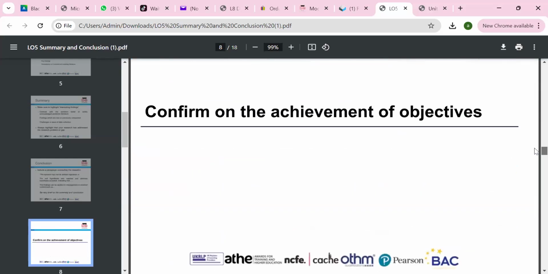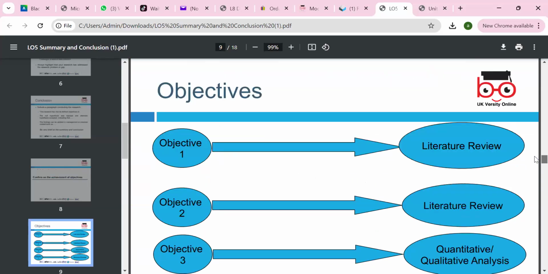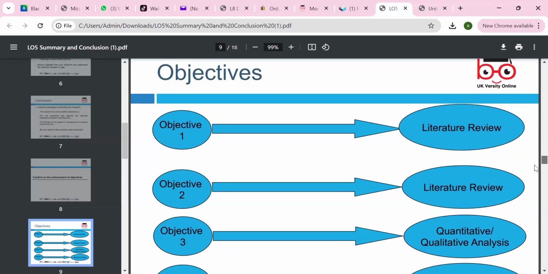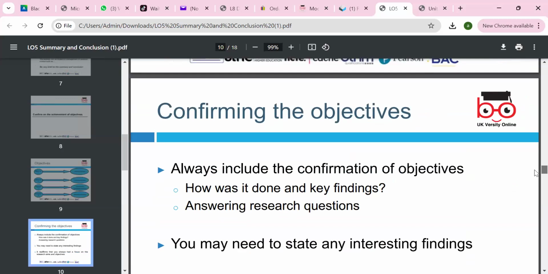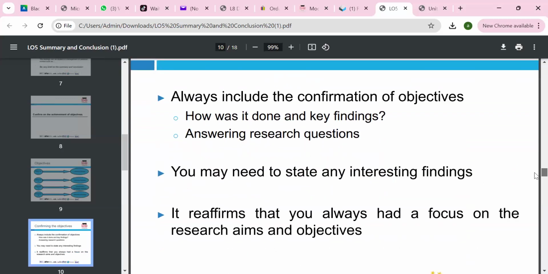We also need to confirm the achievement of the research objectives. Objective 1 was the literature review. We discussed the literature review, and conducted the qualitative and quantitative analysis and research findings. Always include the confirmation of the objective, how it was done, the key findings, analysis, and the research question.